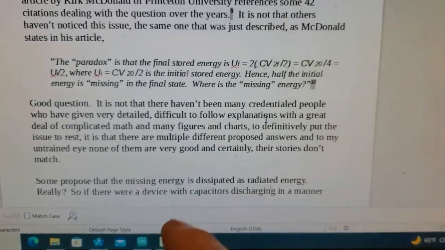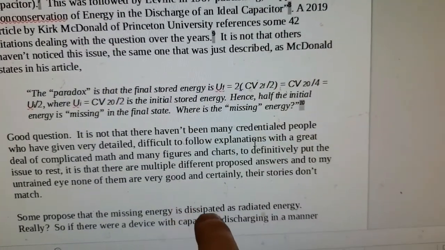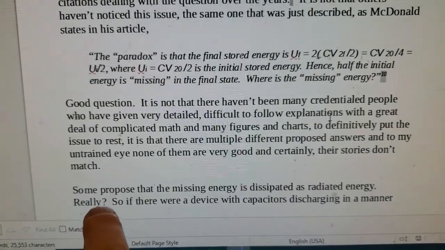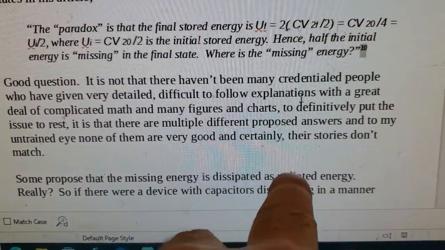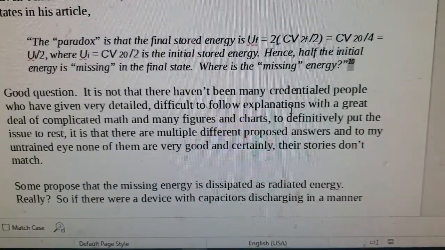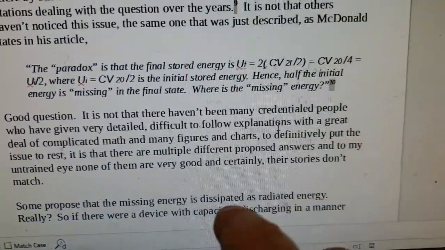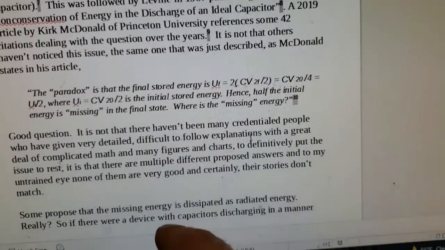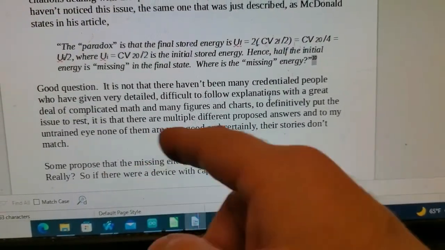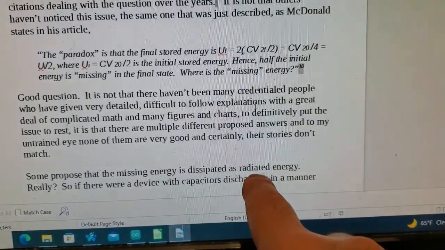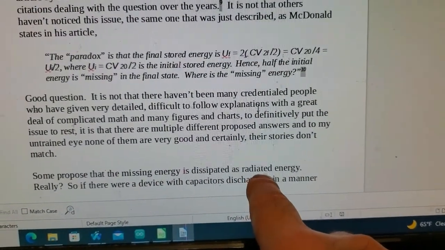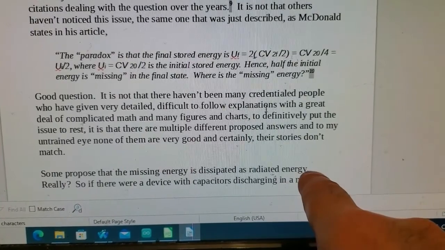But there are sort of three ideas. The first is that the dissipated energy is dissipated as radiated energy. That's one of the first things. So my first thought: we looked at the small capacitor discharging to the large, and 90% of the energy is lost. That would mean 90% of your input energy is radiated energy.